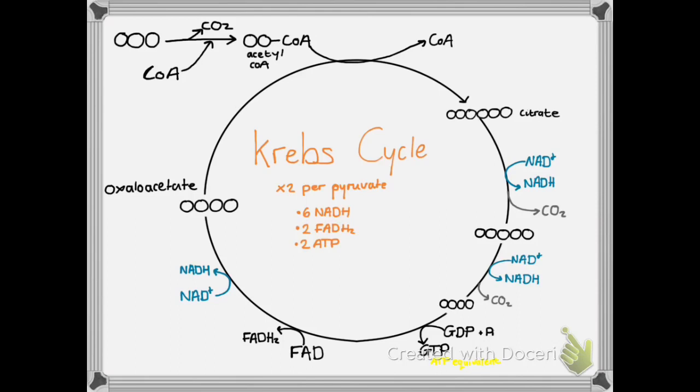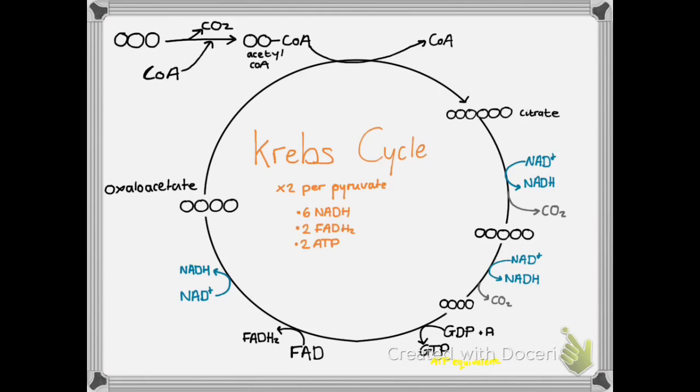I've not included it on the diagram here, but the product from this step, I can't pronounce its name, it's alpha-ketoglutaric acid, I think, actually recombines with the coenzyme A, but it's lost in the next stage, so I didn't include it because I didn't really need to know it. But it goes through the same process as above, so it is oxidised and NAD plus is reduced into NADH, and it's decarboxylated, so it loses a carbon dioxide molecule.